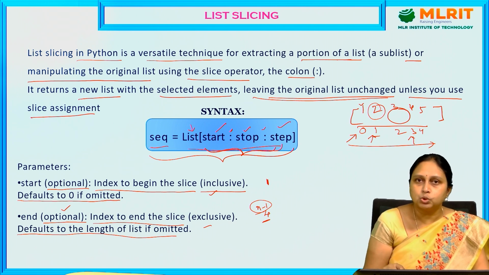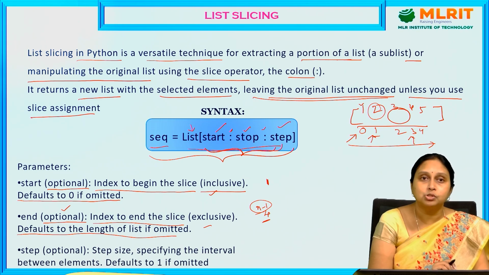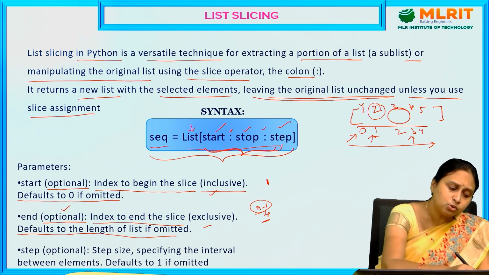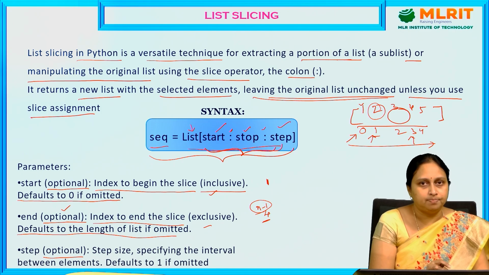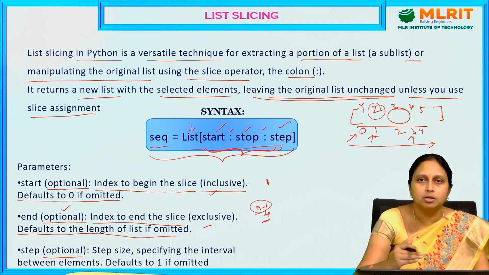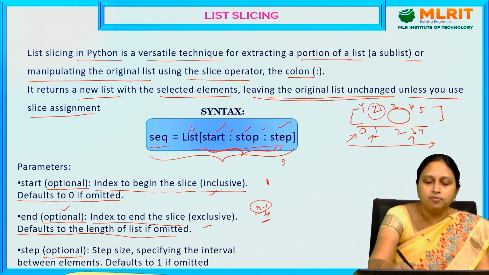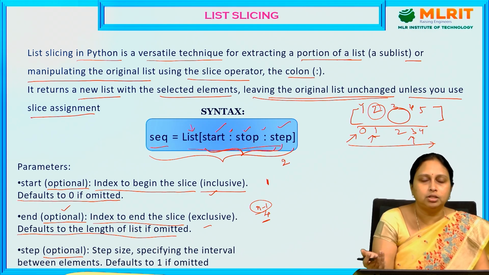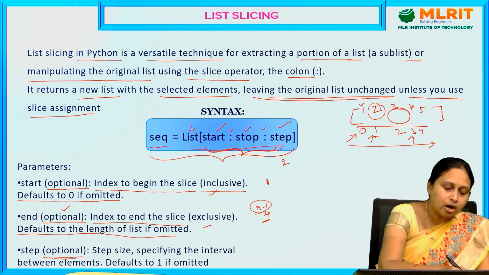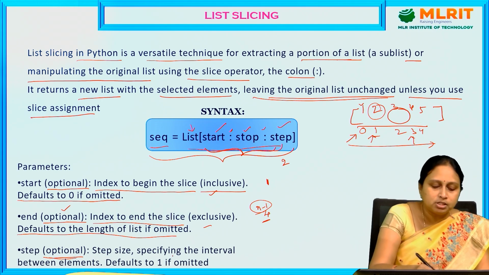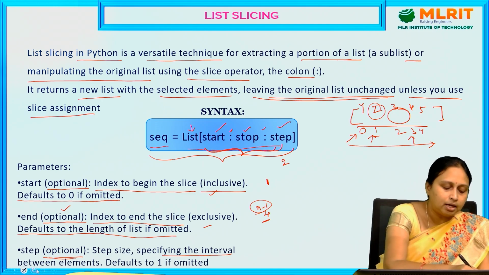And the last one we are going to have is step. Step is also optional. Step means whether you are going to skip 1 element or 2 elements or 3 elements, like that we can specify 1, 2, 3, whatever the value you want to skip. This is also an optional one. Step size specifies the interval between the elements.